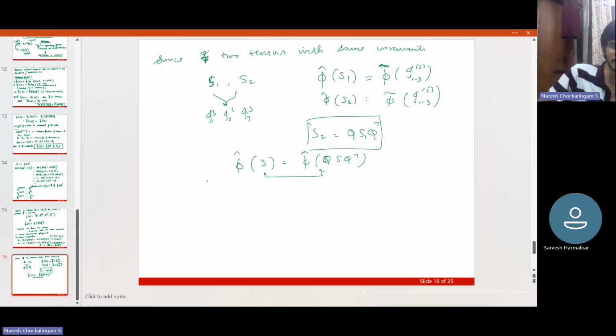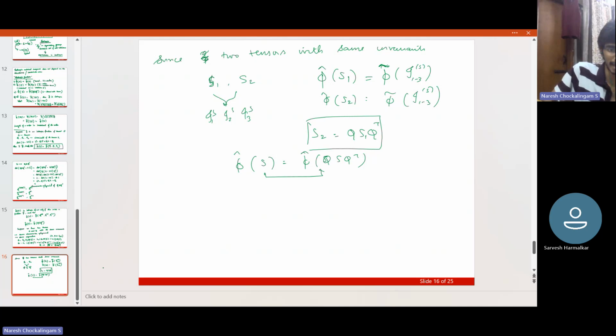So the first part is, if the function is isotropic, then it depends only on the invariants, not the tensor itself. And if there is a function that depends only on the invariants of a tensor, then it is an isotropic function. So we have seen both sides.